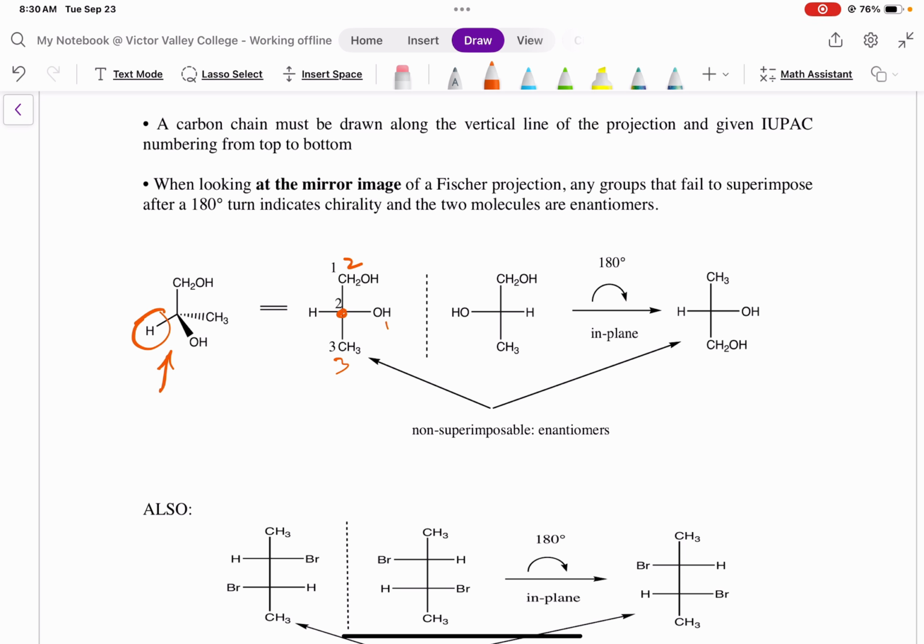So horizontal mean towards us. Okay. So if we do 1, 2, 3, that looks like counterclockwise, but it's actually clockwise.